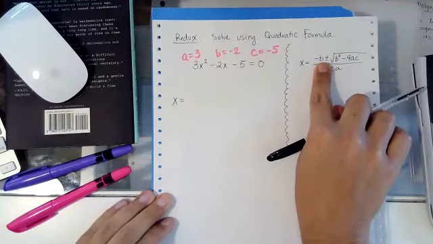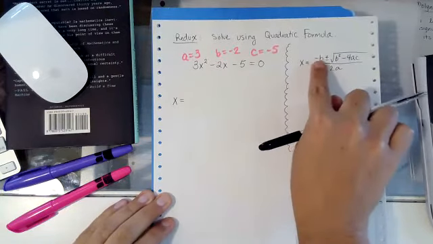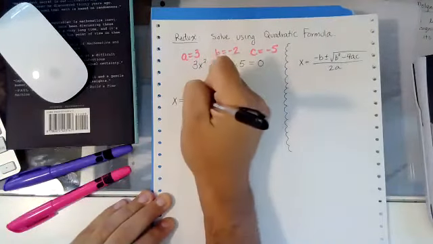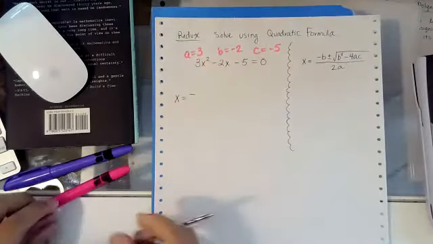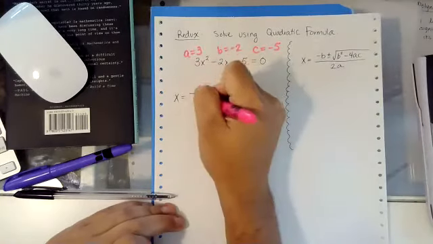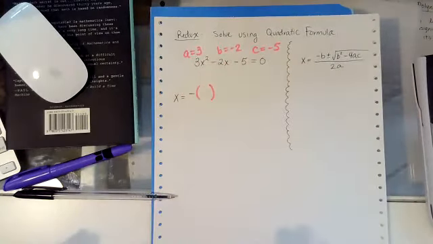So, for example, this says negative B. I need the negative sign from the formula, so I'm going to write the negative sign from the formula. But then I need to insert B, so I'm going to put parentheses as a space holder, and I'll plug in the value later, okay?